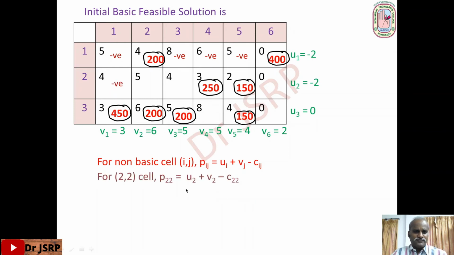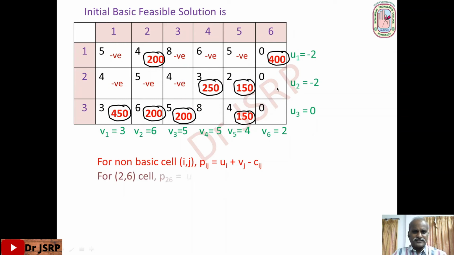Next, the 2 2 cell. U2 plus V2 minus C22, that is minus 2 plus 6 minus 5. Clearly it is also negative. Next P23, U2 plus V3 minus C23, that is minus 2 plus 5 minus 4. Clearly minus 1, negative.